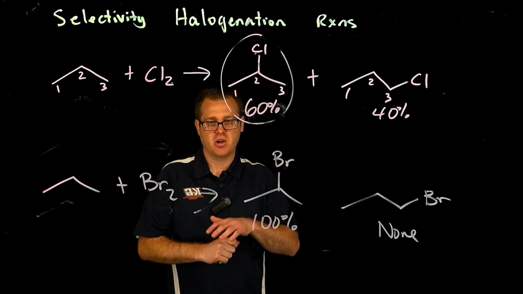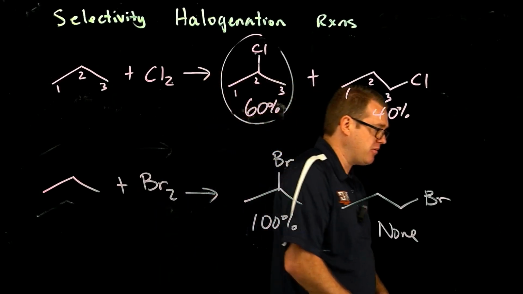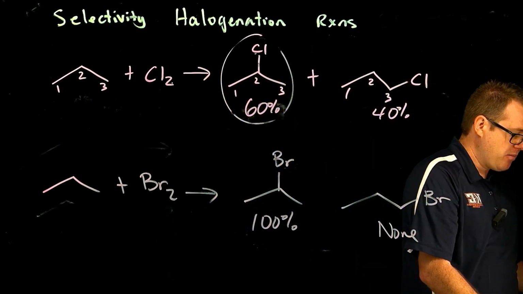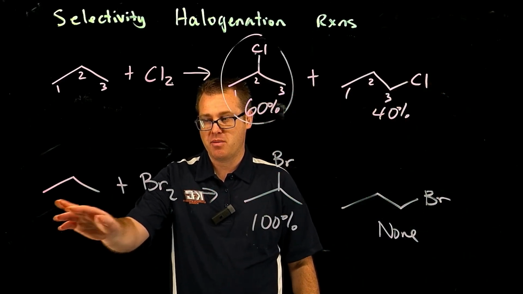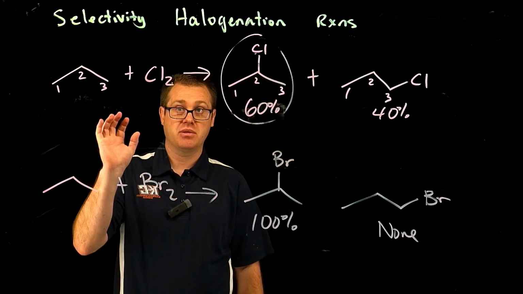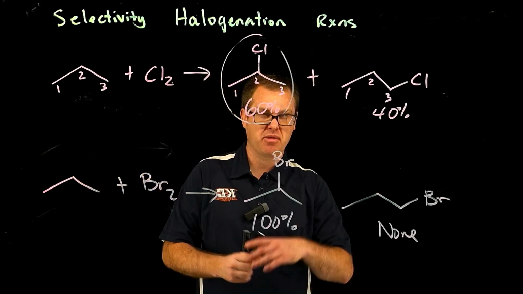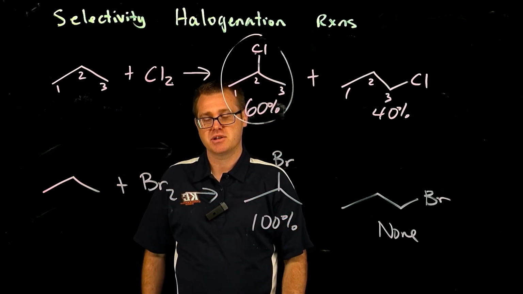Why? What is going on here? Well, energetics can help us understand what's going on here. But you have to remember, go back in your notes to remember the energy diagrams that I drew for halogenations with chlorine and then bromine. Remember how they look different, and we calculated those numbers.